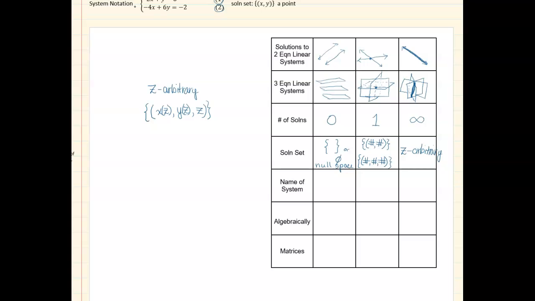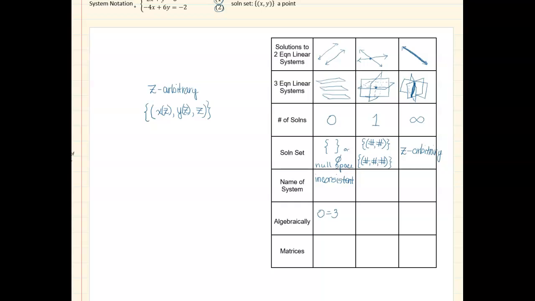We have names for these systems. If you have parallel planes or no solution, we call that inconsistent. And if we're solving this algebraically, we would get something inconsistent with reality, like 0 is equal to 3, or 5 is equal to 17.